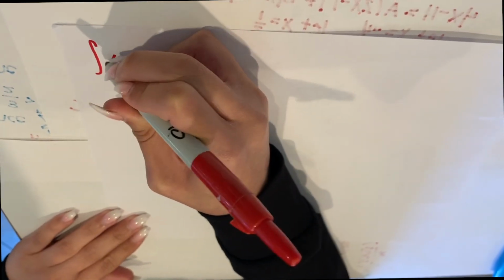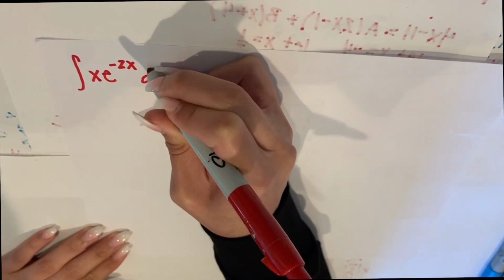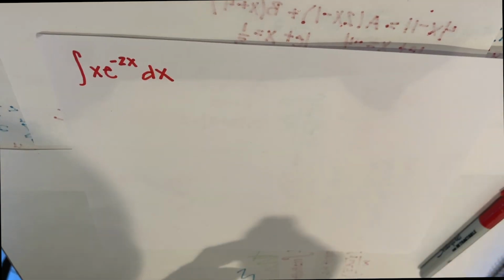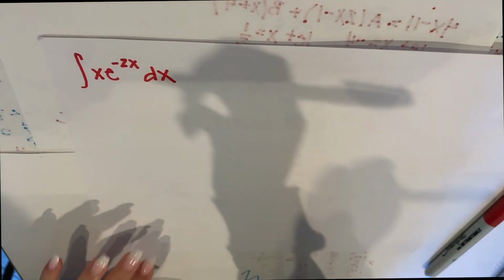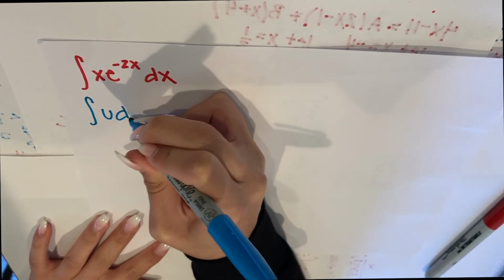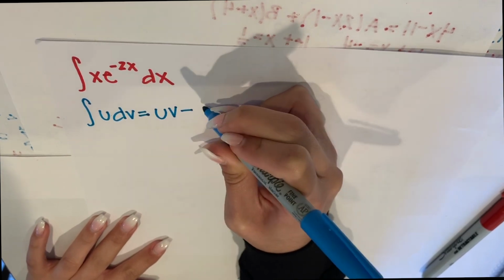So now we are going to be taking the antiderivative of x times e to the negative 2x dx. For this problem, we will be using integration by parts. The general formula we use for integration by parts is the integral of u dv equals uv minus the integral of v du.